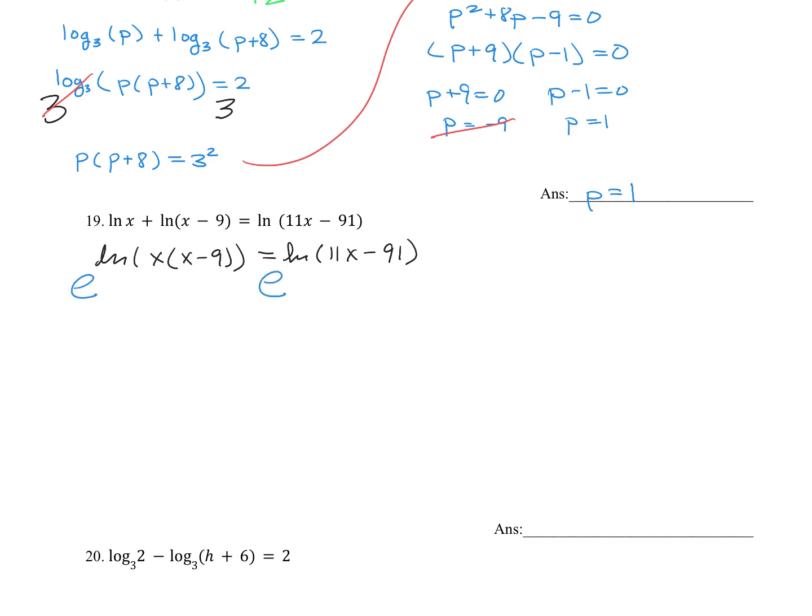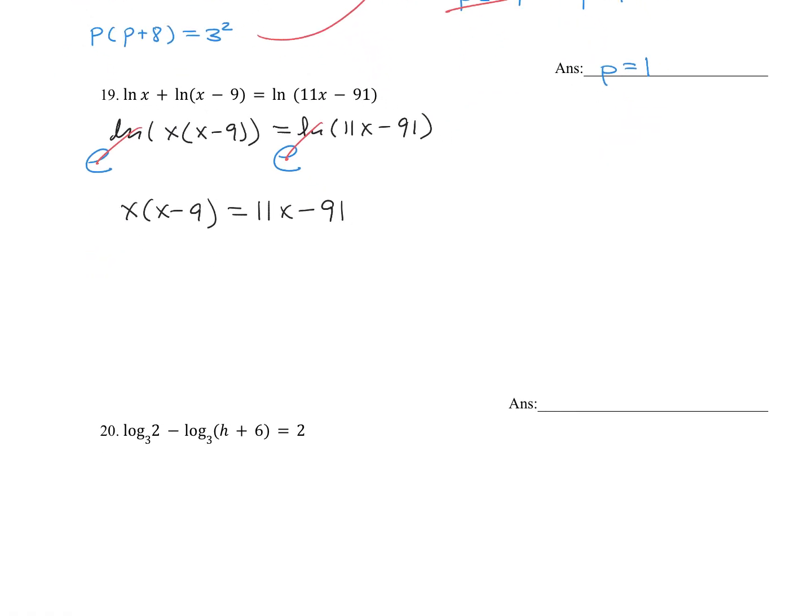So again, I like inverses. That's how I do things. So this is now x times x minus 9 equals 11x minus 91. If I multiply all that out, I've got x squared minus 9x equals 11x minus 91. So that is x squared.